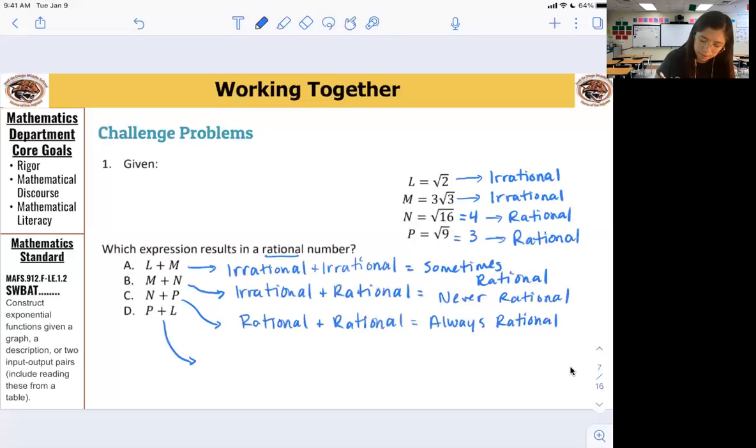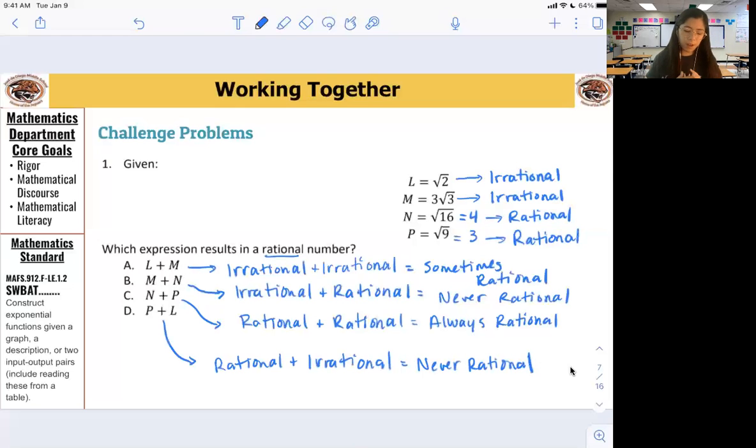P plus L, that's rational plus irrational. When you mix and match, you end up never rational. Good. So the one that will always give me a rational answer is C.